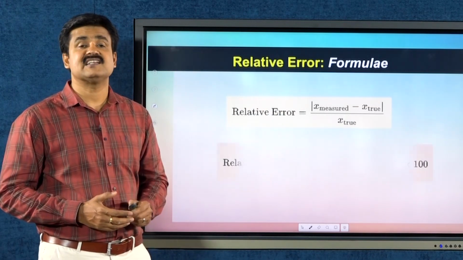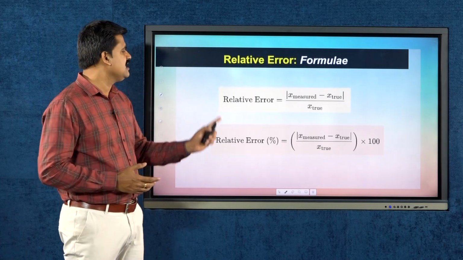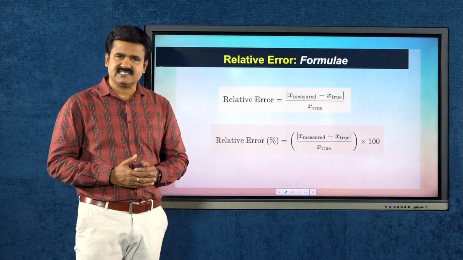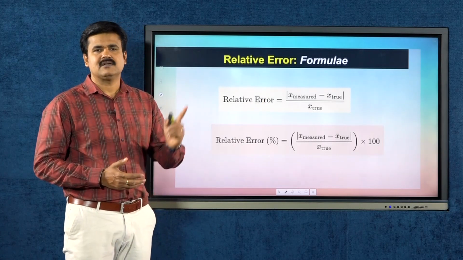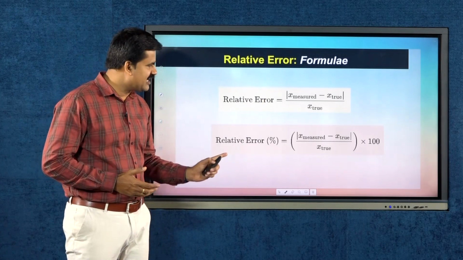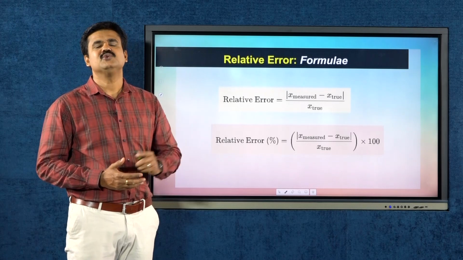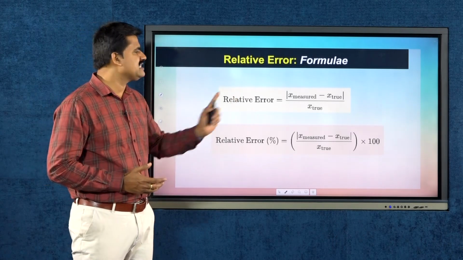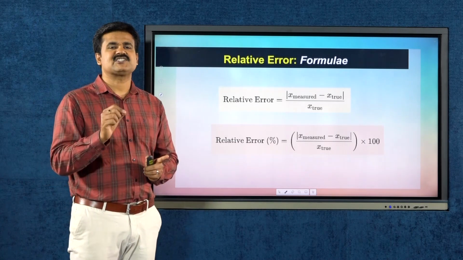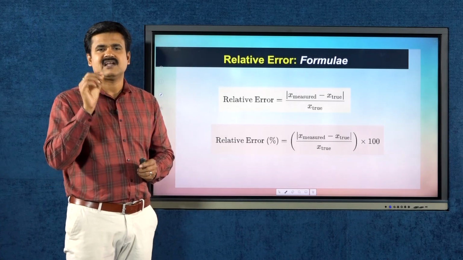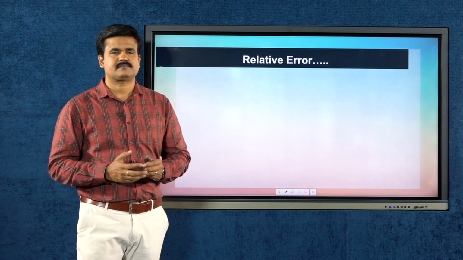It can be expressed as a percentage, such that relative error percentage is equal to modulus of measured value minus true value divided by true value into 100. So, the first one is the expression for relative error, the second one is the expression for relative error as percentage.